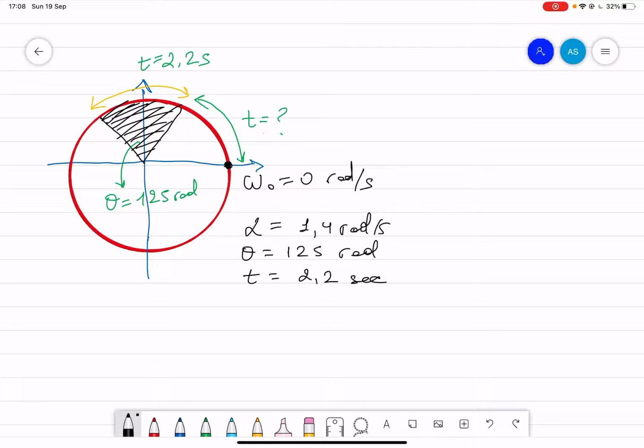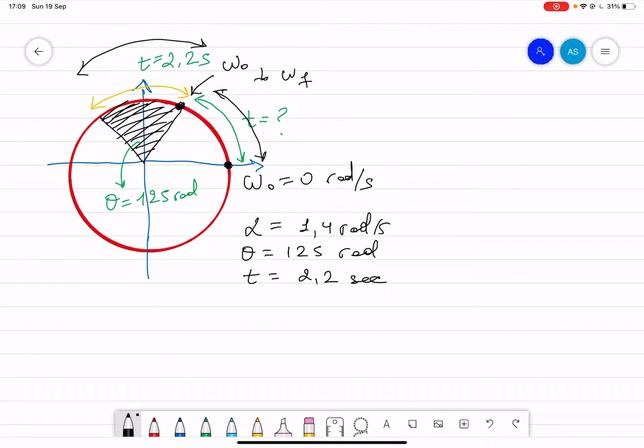First of all, we have to know what the initial velocity was when it started this 2.2 seconds. The initial velocity for this region will be like the final velocity for the earlier region.